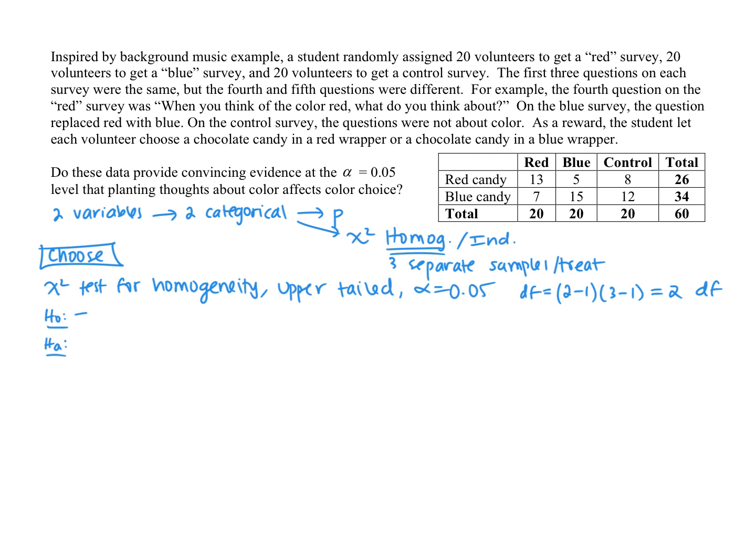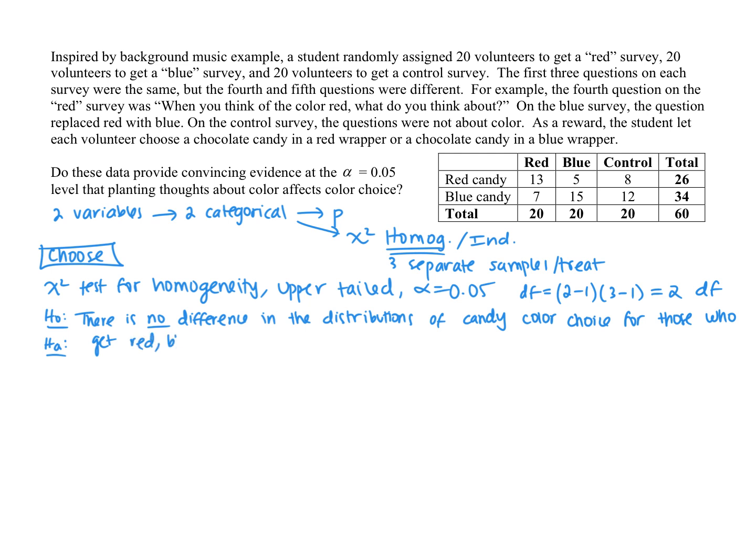So our null, there is no difference in the distributions, that's plural, of candy color choice for those who get red, blue, or control surveys.